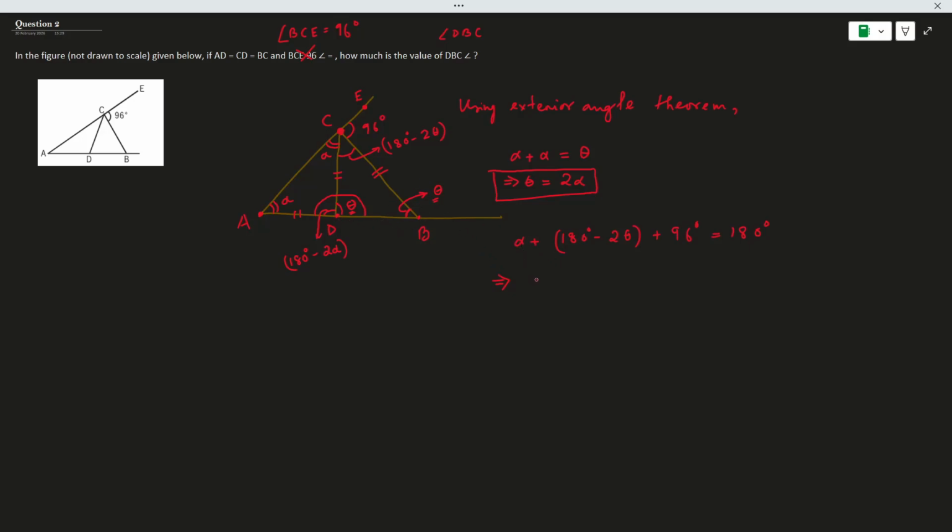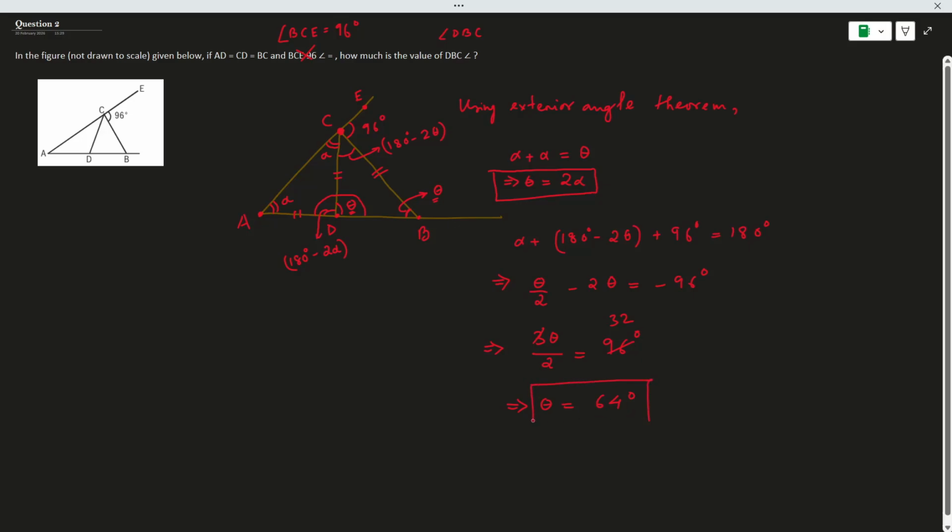So alpha can be written as theta by 2, and 180 and 180 will get cancelled. I will have minus 2 theta is equal to minus of 96 degree. This will give me 3 theta by 2 equal to 96 degree. Cancel by 3, 3 into 3, 3 into 2, right? So what will be theta? Theta will be 64 degree. So the correct answer will be 64 degrees. Okay, a very easy question.